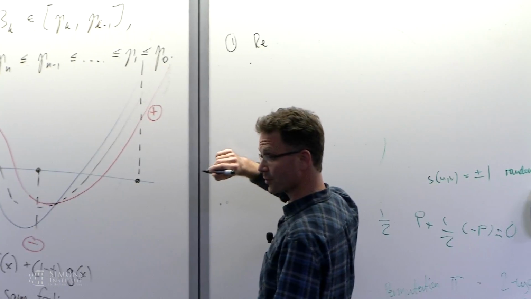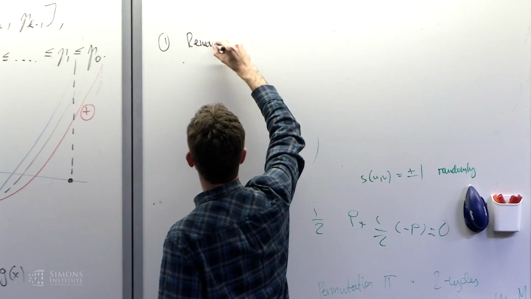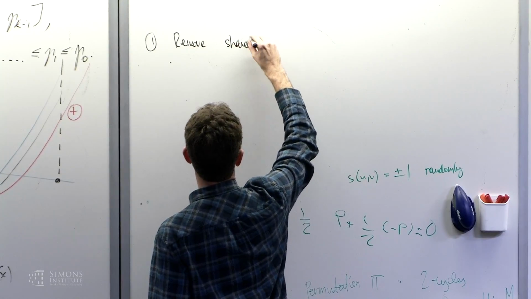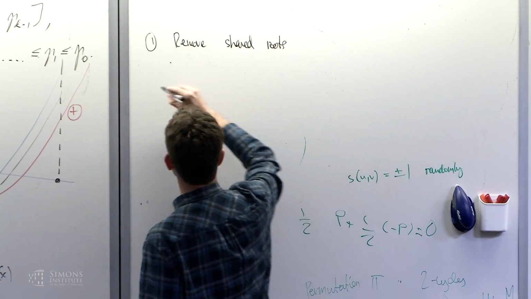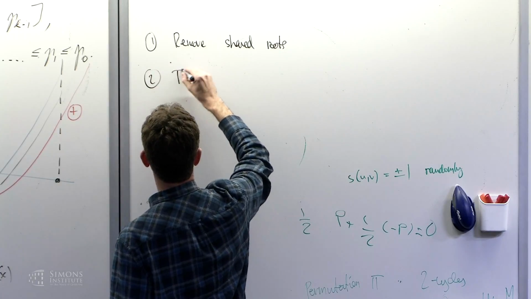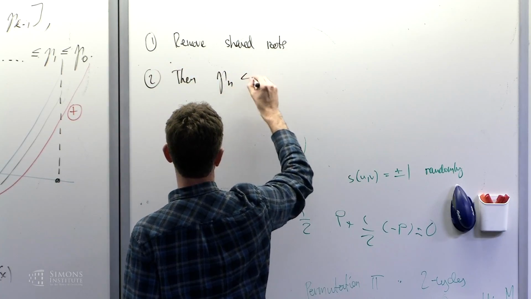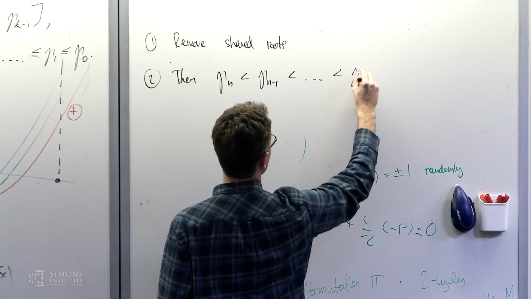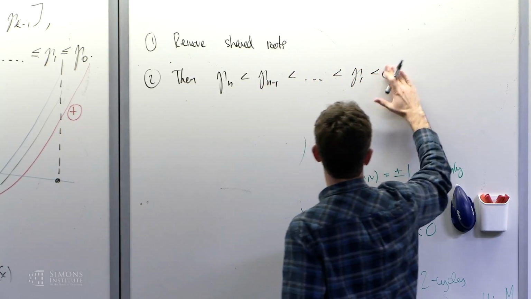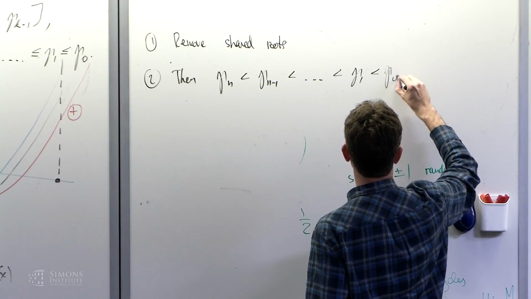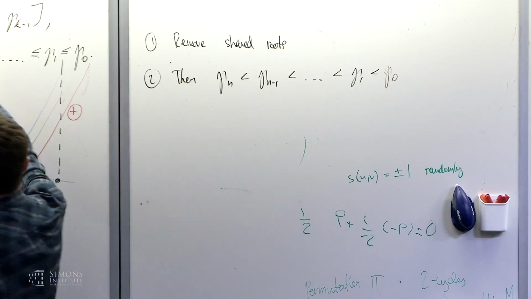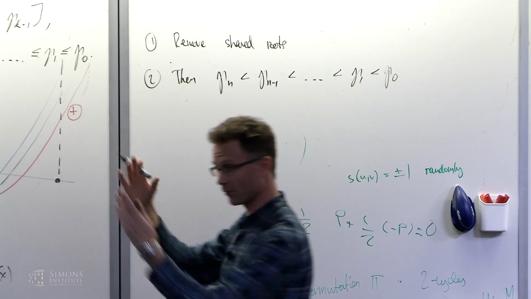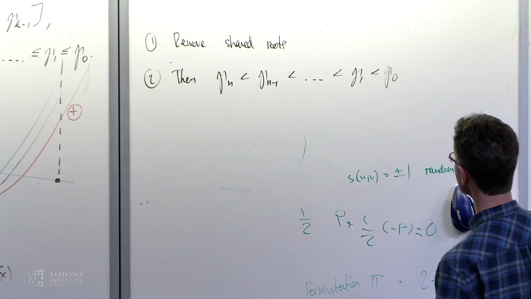I think you have a nice solution. So remove shared roots. Then these must be distinct points, because if not, two of these roots would have to be in an interval of length 0, so they would be the same root.